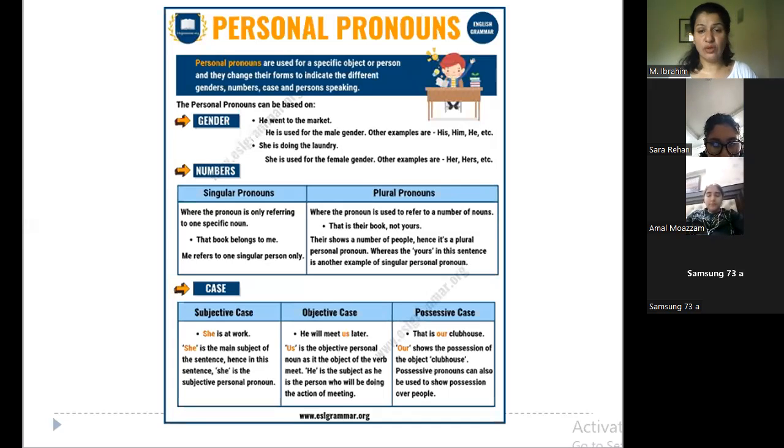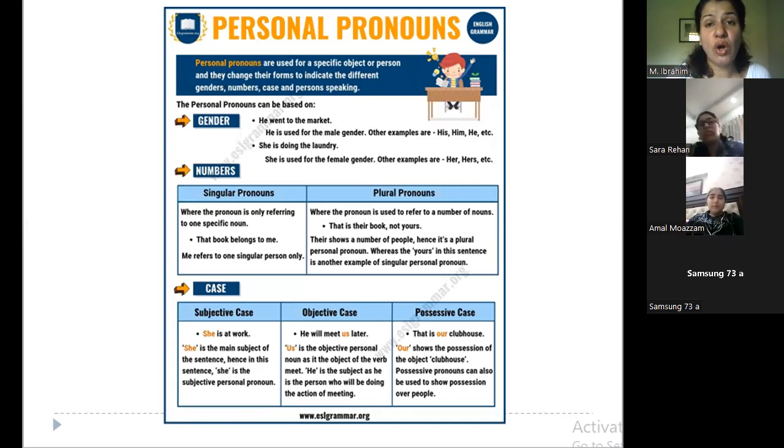Numbers are always singular and plural, where the pronoun is only referring to one specific noun. We call it the singular. That book belongs to me. That book is singular, and it is one person to whom the book belongs, so it is me. Me refers to one singular person only.